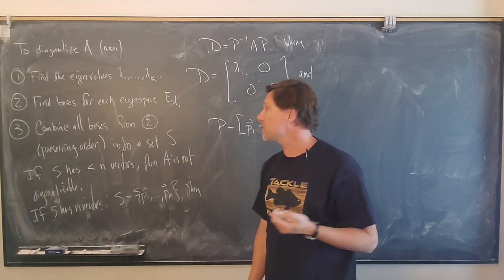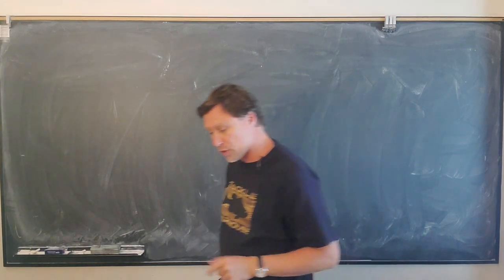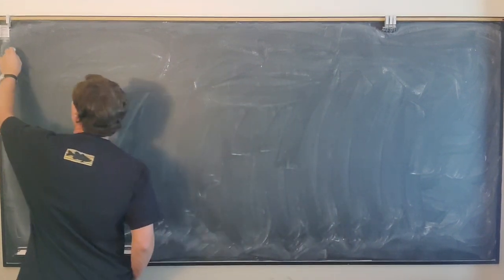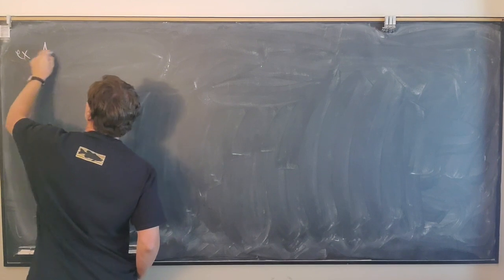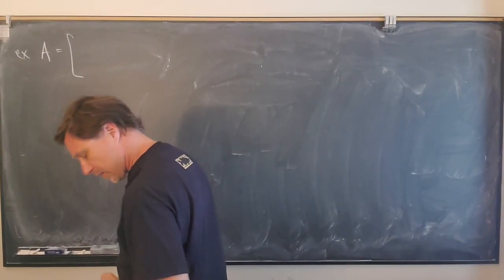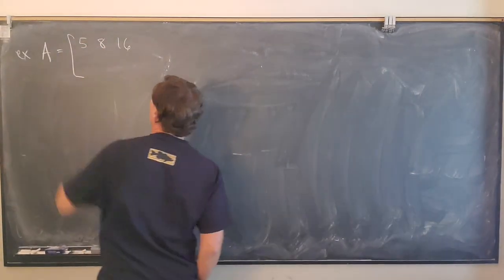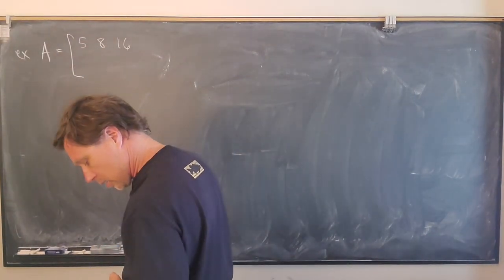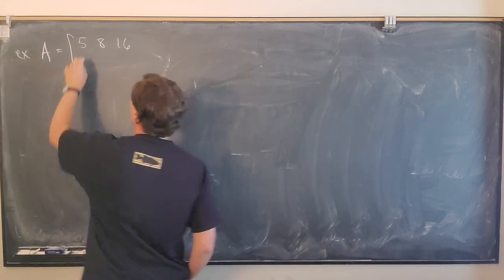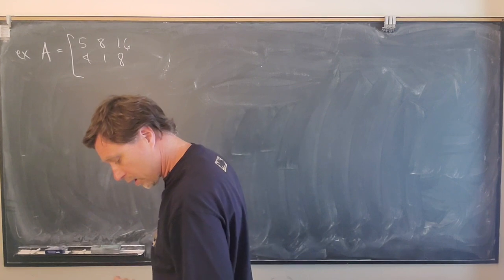Okay, so let's see this process in action now. As a first example, let's look at this matrix. We've already seen this matrix. A is going to be the matrix 5, 8, 16; 4, 1, 8; and -4, -4, 11.